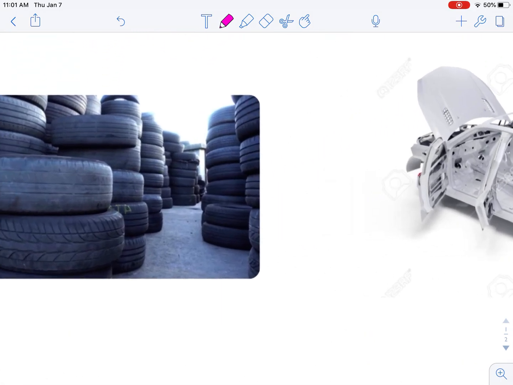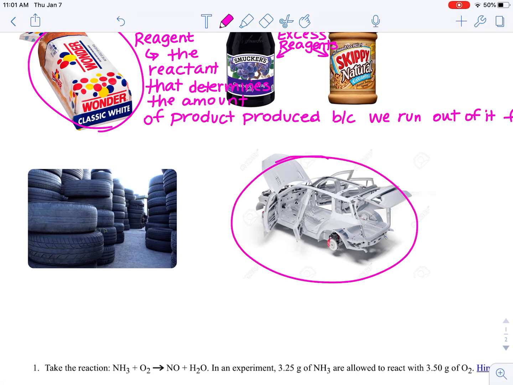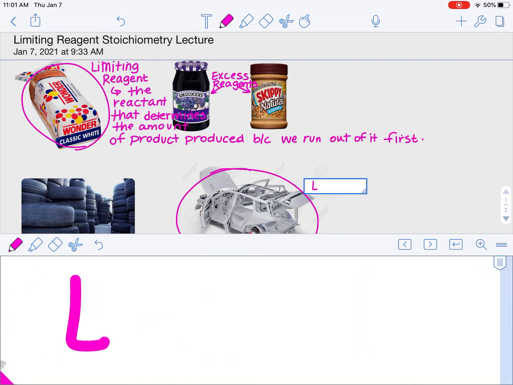Let's look at another analogy. What if I have a junkyard filled with tires and I want to build my own car? Well, despite having these hundreds of tires available to build cars with, I only have 1 car frame. The number of car frames that I have is going to determine the number of finished cars I'm able to produce.